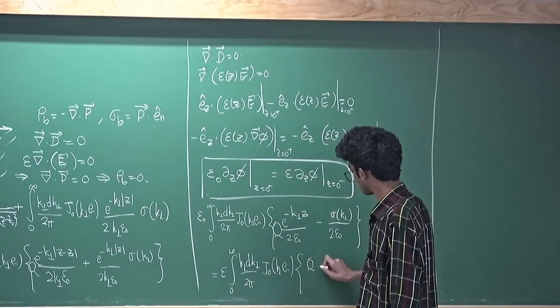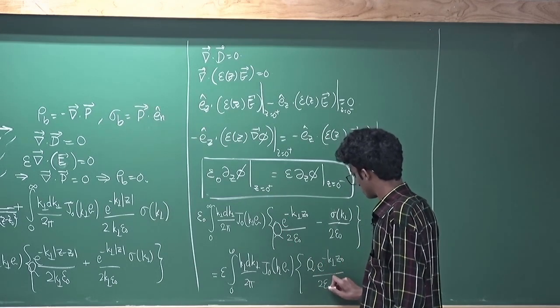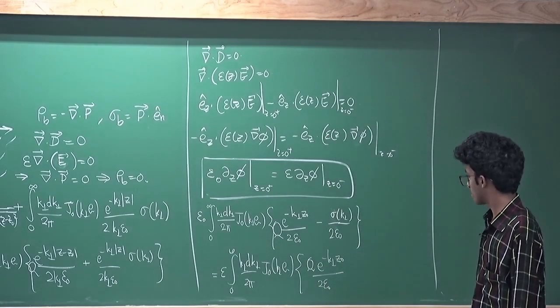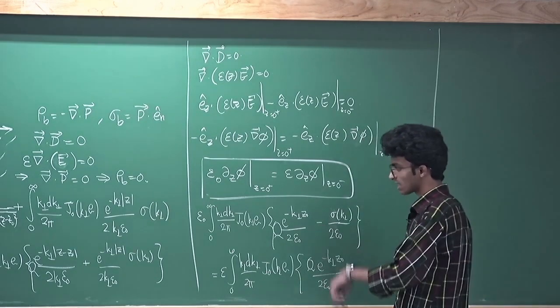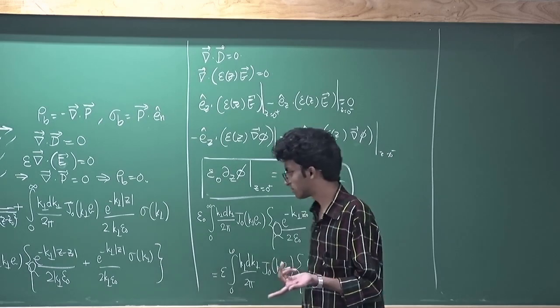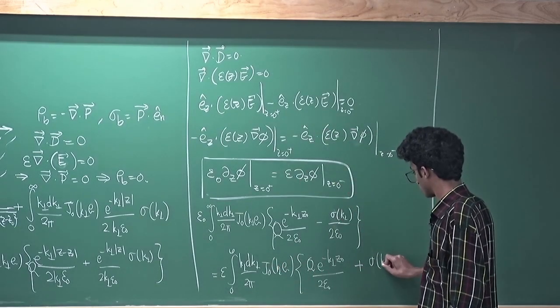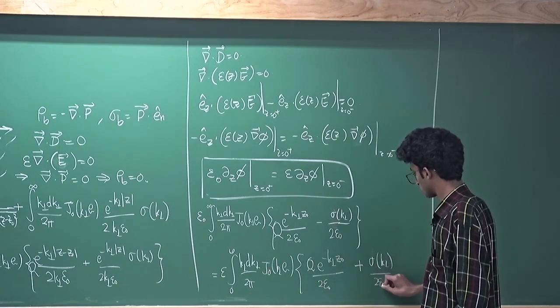Q e to the minus k perpendicular z naught over 2 epsilon naught. Okay. Now second term, when z is equal to 0 minus, e to the mod z is just minus z. So you get plus sigma of k perpendicular over 2 epsilon naught.